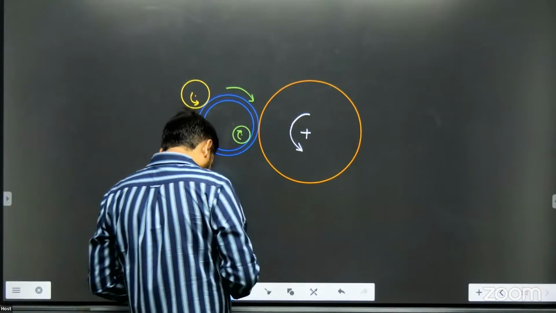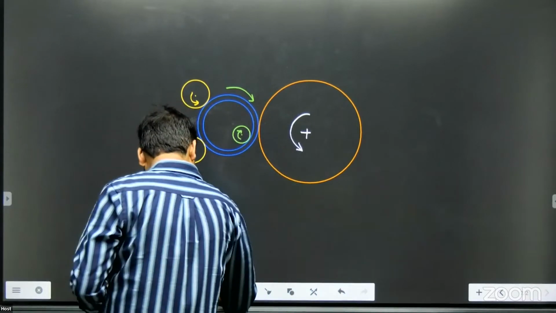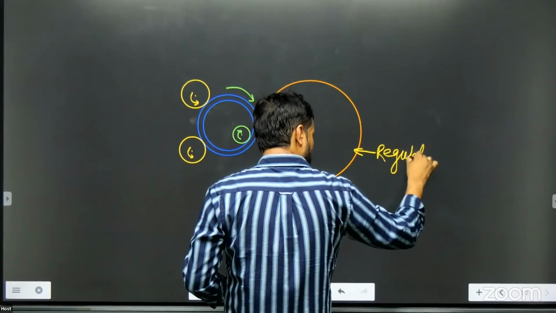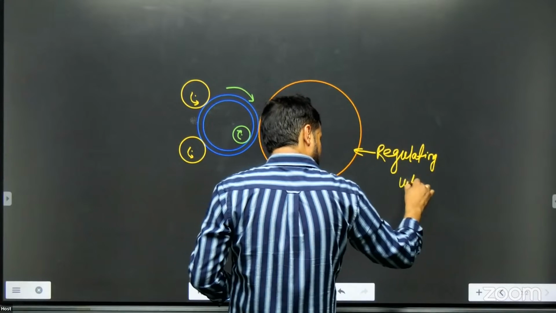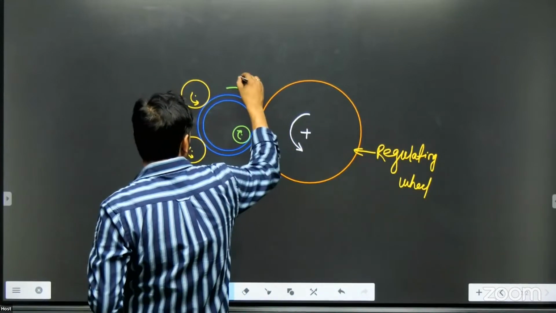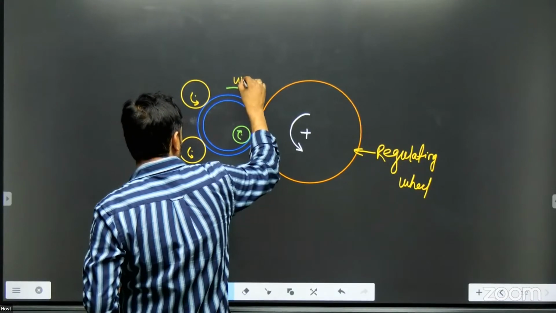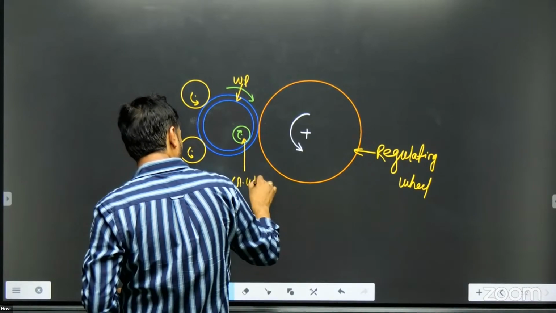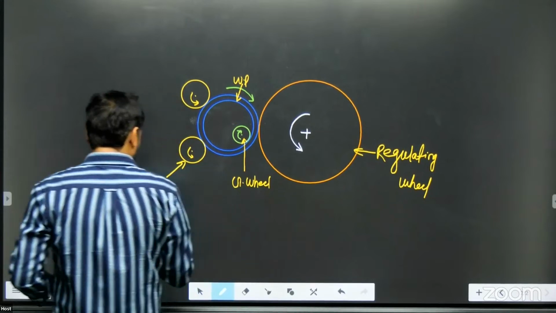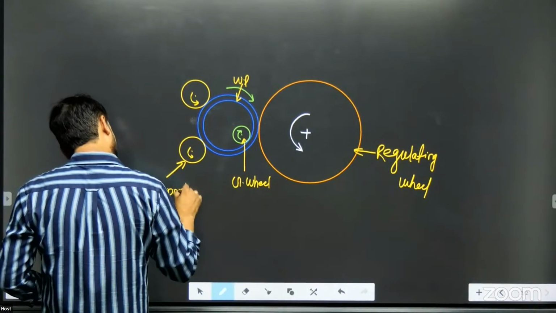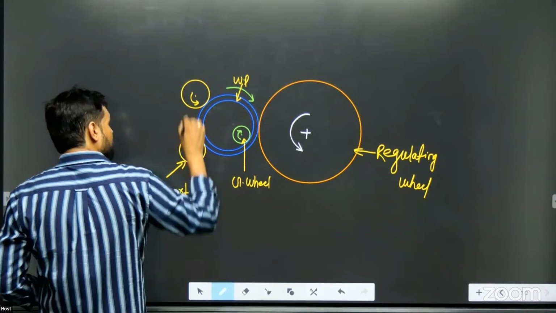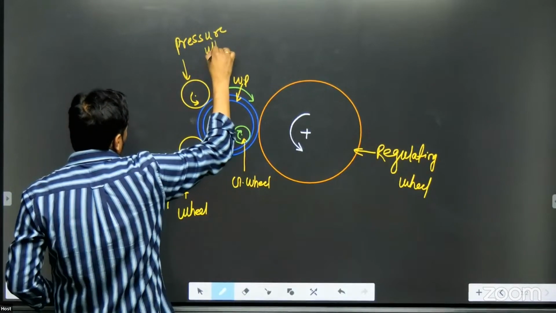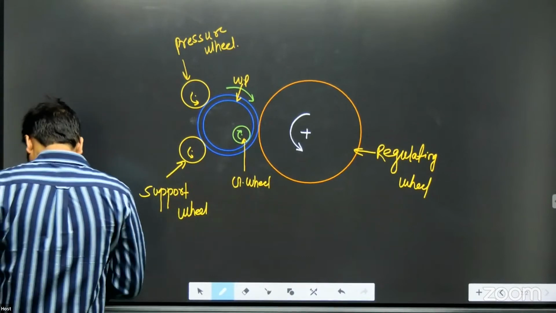So this is the regulating wheel, this is the workpiece, this is the grinding wheel, the support wheel, and this is the pressure wheel. Same setup was there. Got it?